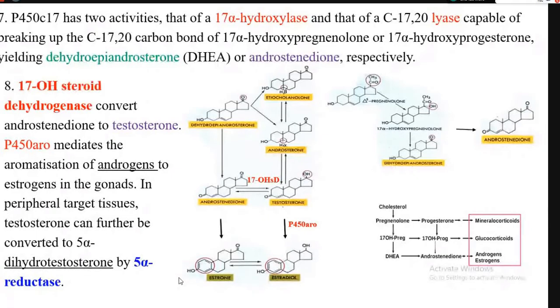I'll take the lecture on the reproductive system also, as this is part of the reproductive system, but I am already giving you the secretion of testosterone, estradiol and estrone. We'll revise again in those classes also. But this is the synthesis of sex hormone, a simple diagram of sex hormone synthesis.